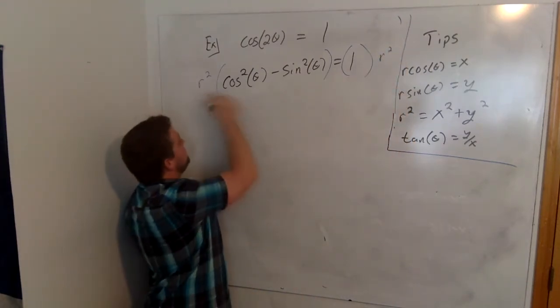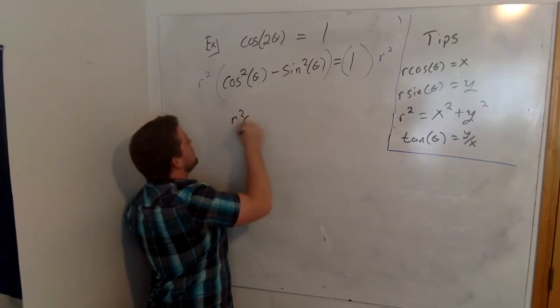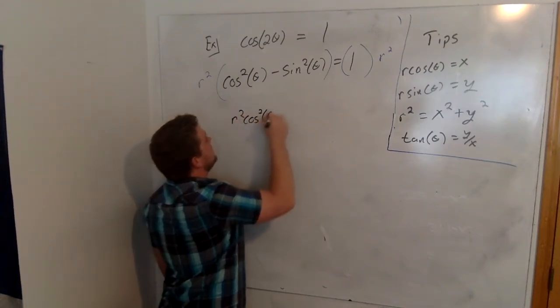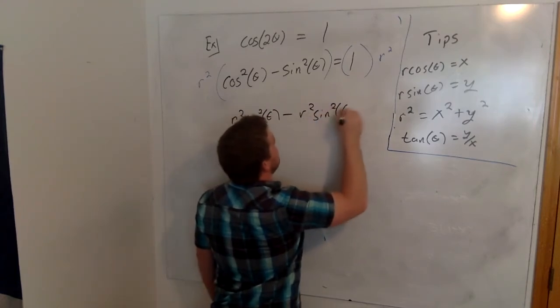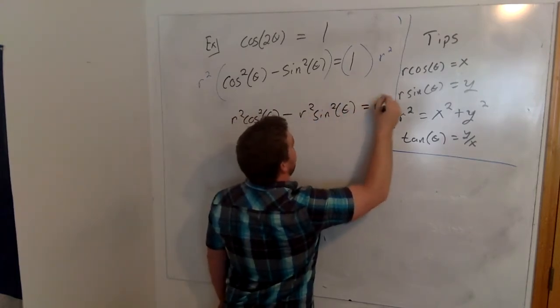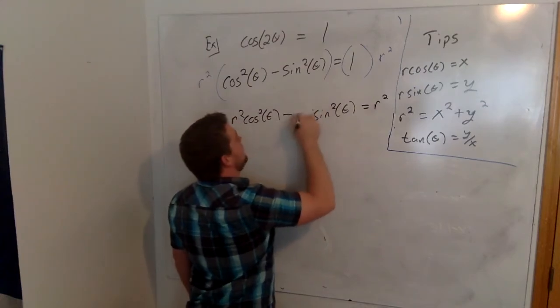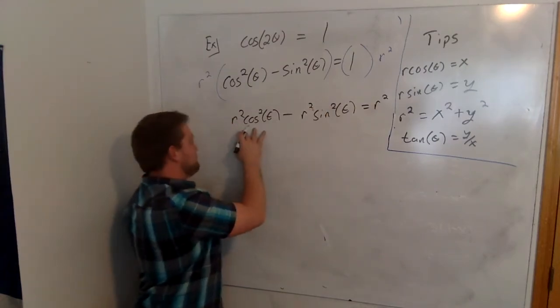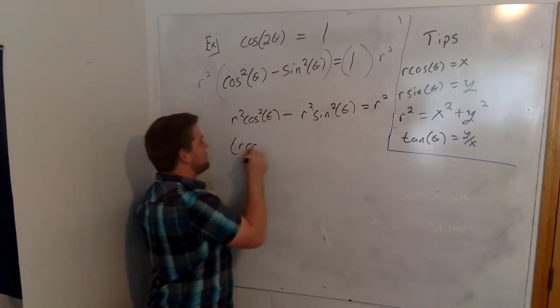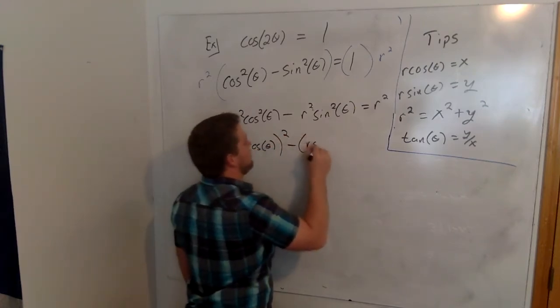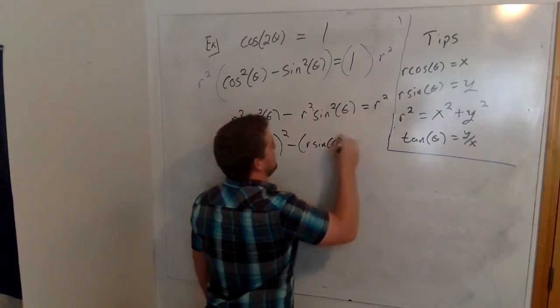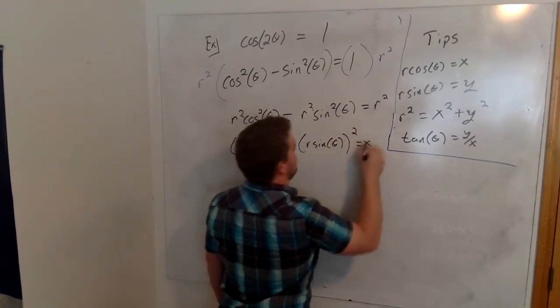So we're going to get r squared cosine squared of theta minus r squared sine squared of theta will be equal to r squared. Okay. Well, what's nice is I can rewrite this as r times the cosine of theta quantity squared minus r times the sine of theta quantity squared will be equal to r squared.